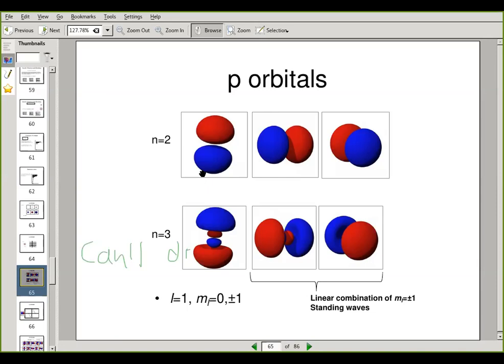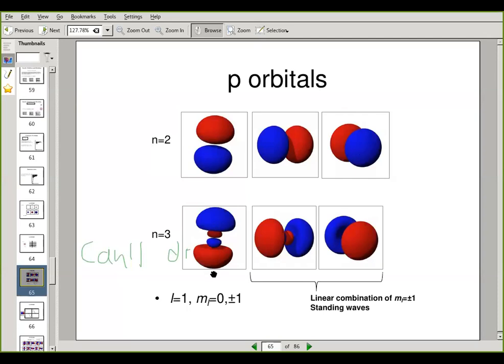So you take those two other solutions in a linear combination to get orbitals that are now stationary in space. These two are linear combinations of ML plus or minus 1, so that we've got our familiar p orbitals that stand out along your x, y and z coordinates.